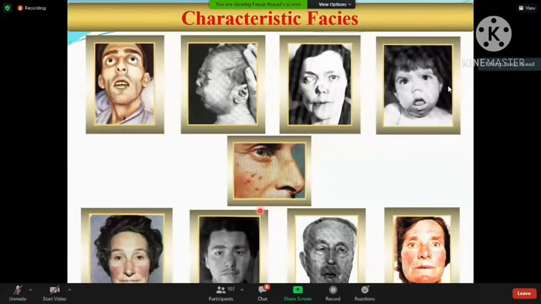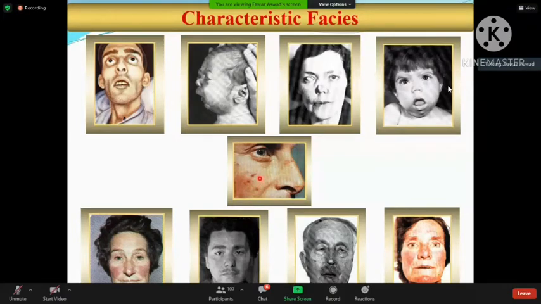Then, among the things we notice in the general characteristic features of the face, please pay attention with me. We take some of the faces that are important, we come to this. Pay attention here when I give the pointer. This is what we call the spider nevi. And this mostly occurs on the face.